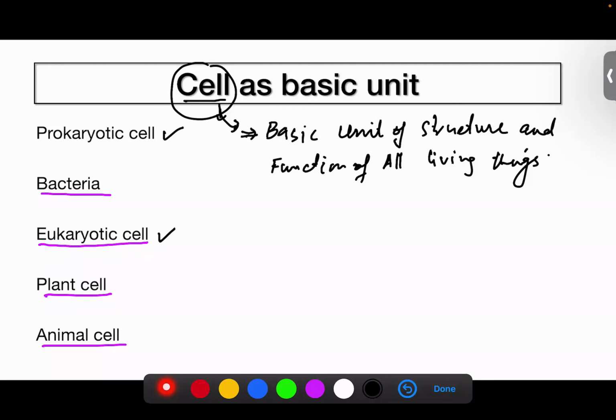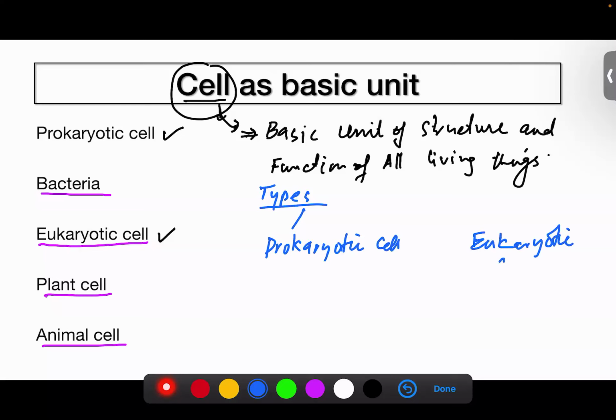There are two basic types of cells. Prokaryotic cell and eukaryotic cell. Prokaryotic cells are simple in structure than eukaryotic cells, and they possess some characteristic features that may be used to identify prokaryotic cells from eukaryotic cells.